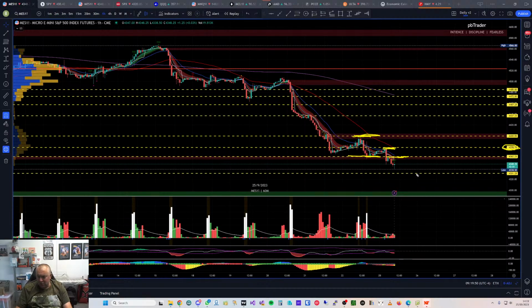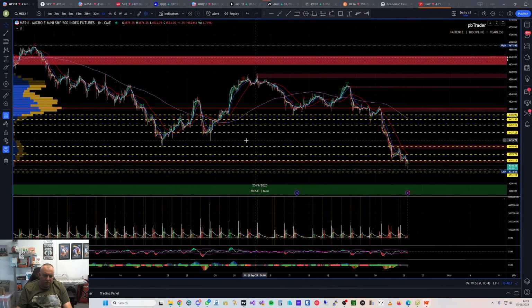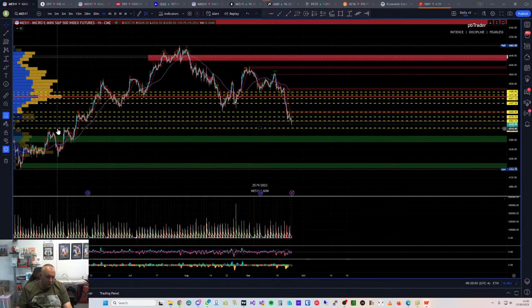And if it bounces, we've got 4331 as a bounce area, and that's coming from a level from a while back, tops of these candles from May, but the best area for a bounce would be 4280, this entire area here.